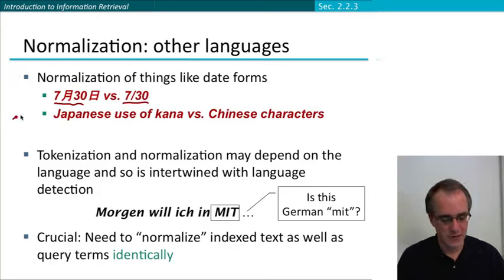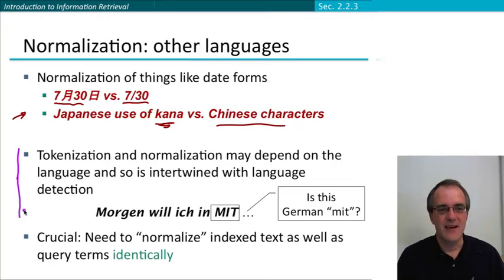Or we saw that with Japanese, you could write a word using either Chinese characters or with the syllabic kana characters. And again, you might want to normalize them to treat them as the same form. And so what we see is that normalization as well as tokenization is dependent on the language, and so you need to be doing language detection to be able to make the correct decisions of then doing term normalization.